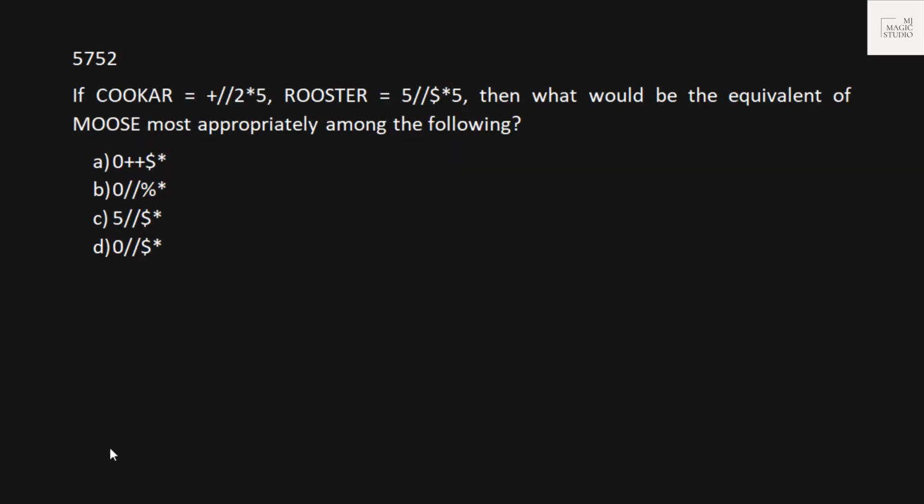Okay, now here we have alphabets with the symbols. We need to identify that, and then what should be equivalent to MOSE. Here we can see COO, two symbols, backslash. Okay, OO is done. What is there for R? R is 5. We don't need that.